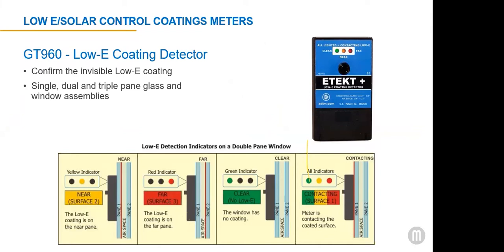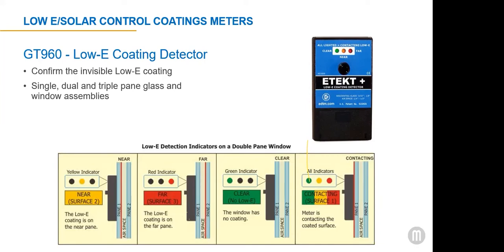They're talking about pane 1 and pane 2 and not necessarily the surface, okay? So rather than confuse you, let's just always think about the outside surface as number 1, and then going from outside in, 1, 2, airspace, 3, and then 4.